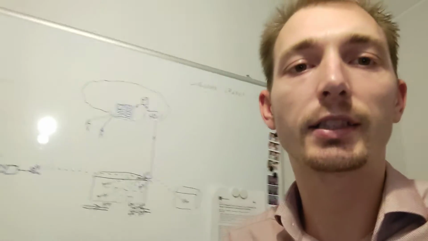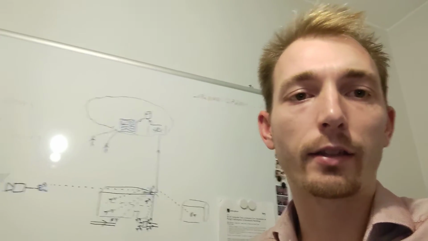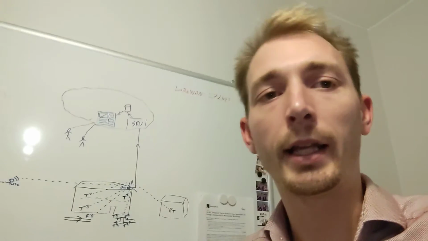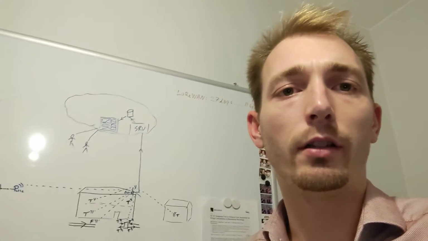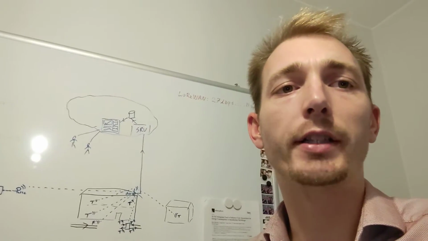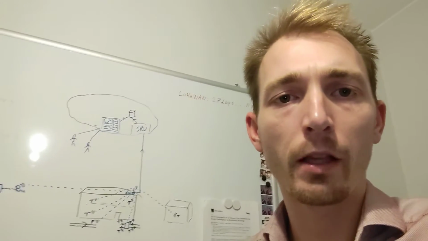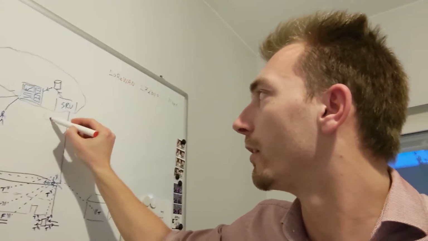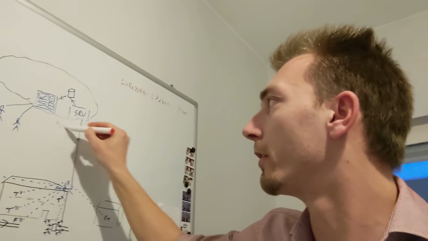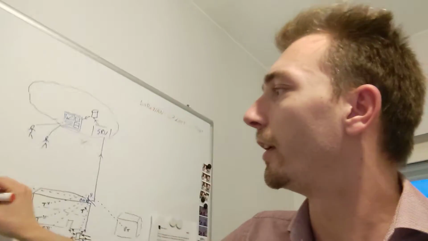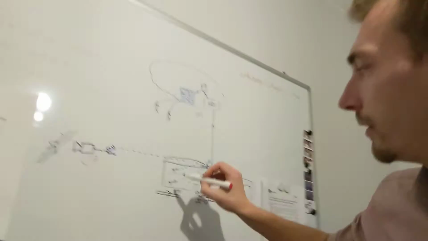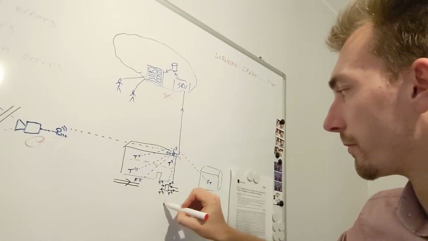In this case, it's easy to understand that it's impossible to perform any kind of anomaly detection on the streamed data. So in this case, we need to move the analytics away from the cloud and put it in the detectors on the edge.